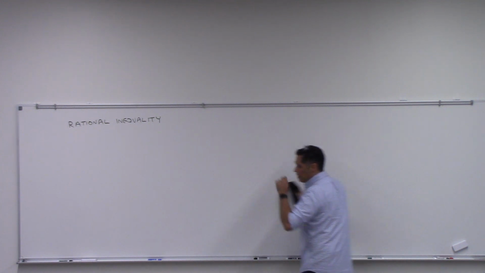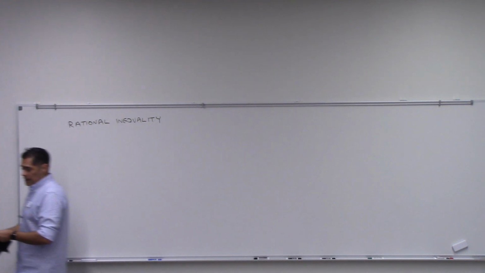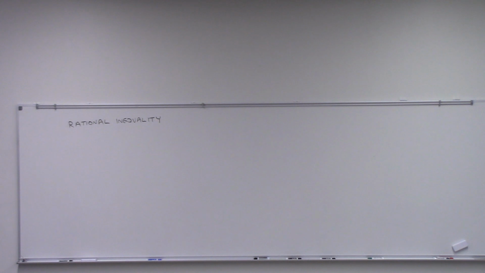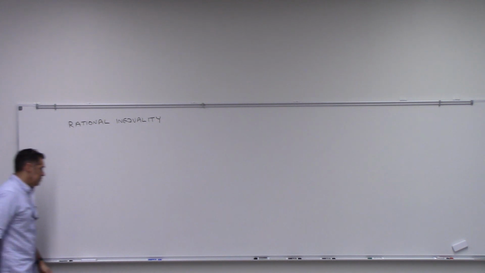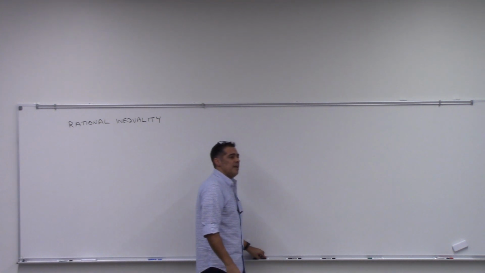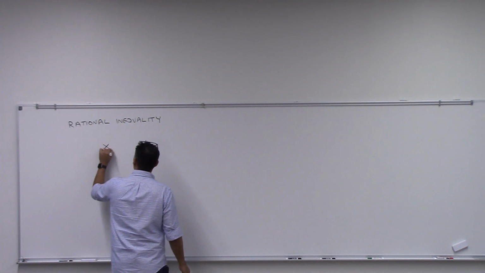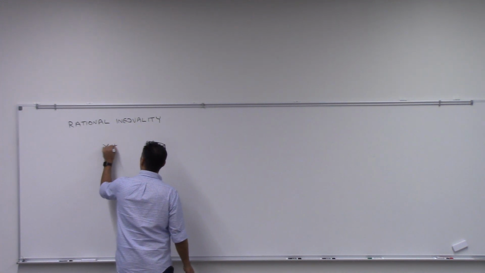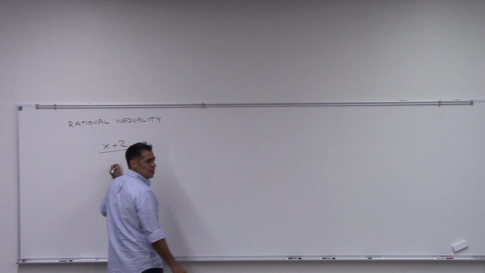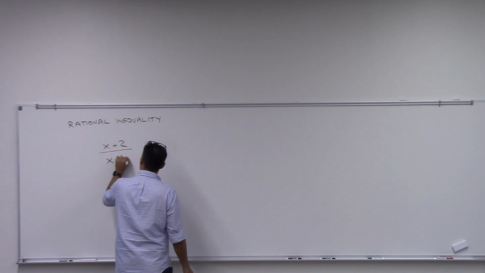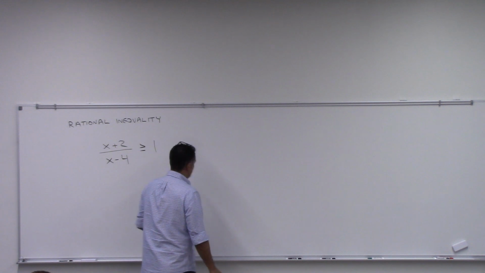Because this one is usually a test-like problem, and students get ahead of themselves and get overconfident and make mistakes. So I'm going to do the last one, 42. x plus 2 over x minus 4 greater than or equal to 1.